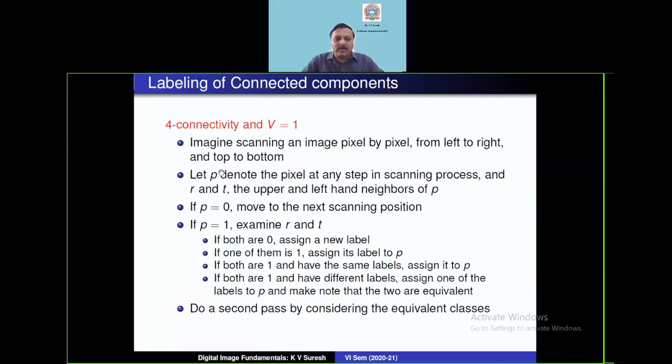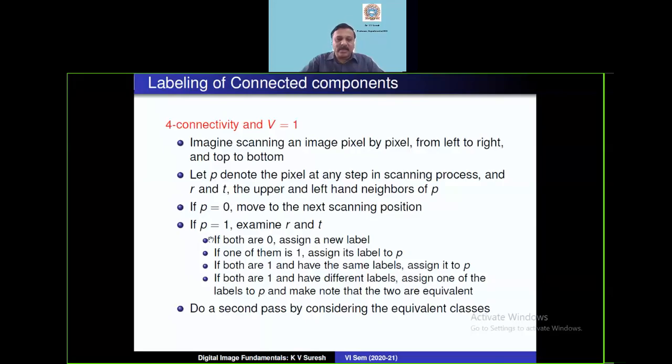When you are at a position, if p is the pixel at that position, because it is 4 connectivity, you would have already labeled r and t. In the last class, I showed you which is the r pixel, which is the t pixel, your upper and left hand neighbor of p. Because you have already labeled r and t, now you are trying to label p, and depending on the value of p, you decide what should be the label given to p depending on r and t.